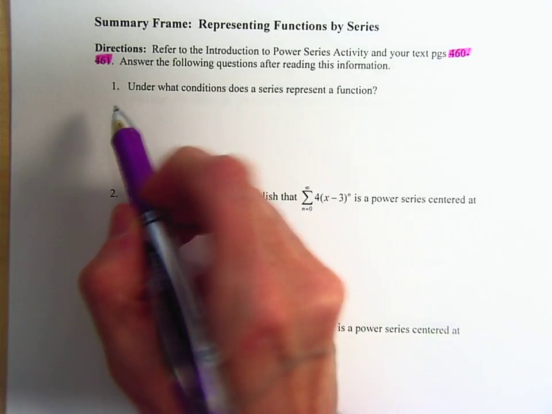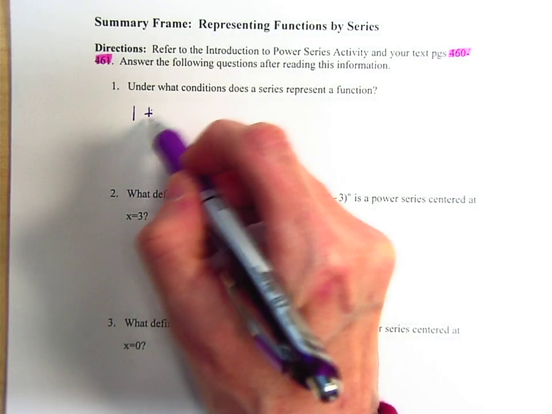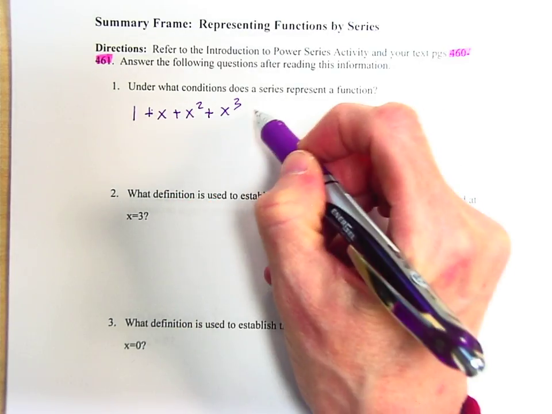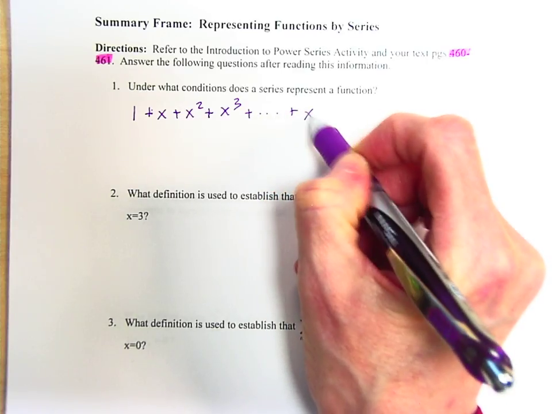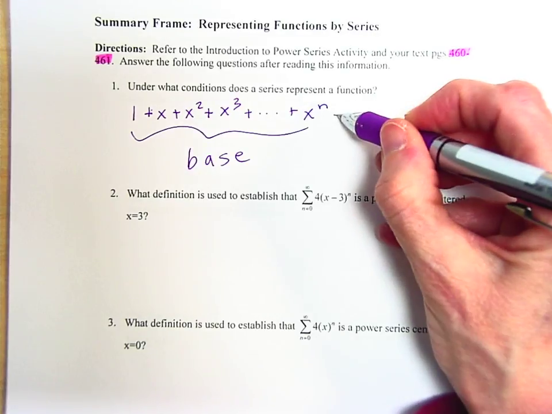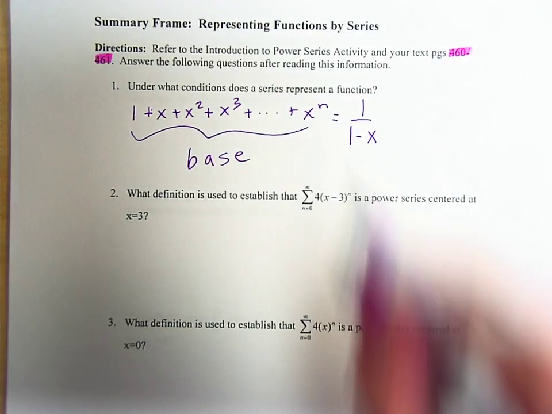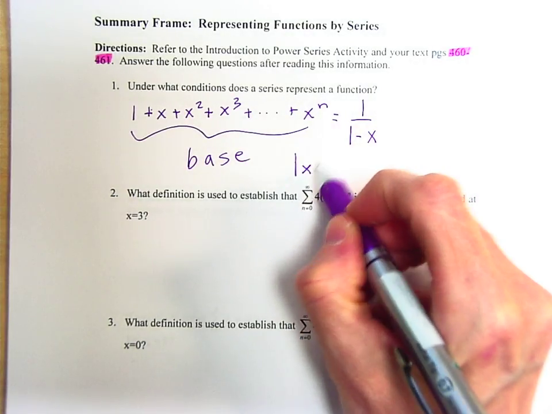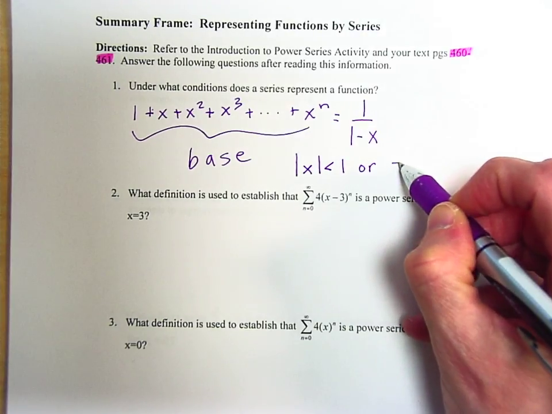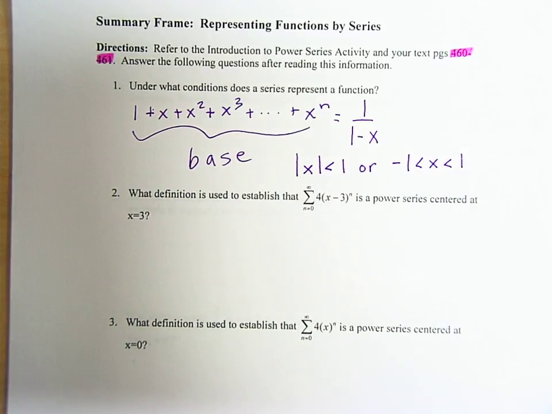Well, early on in this discussion, we see that if I can write out a series term by term, such as this series, which I will refer to as base from now on, I know that this represents the function 1 over 1 minus x. But that's only true if the absolute value of x is less than 1, or in other words, if the interval of convergence is between -1 and 1.